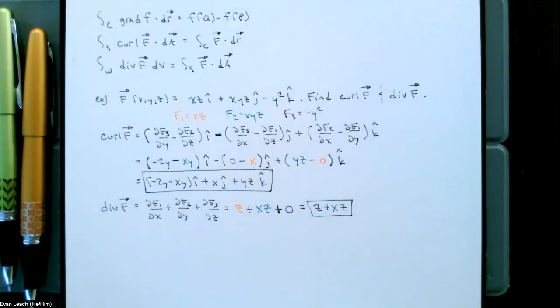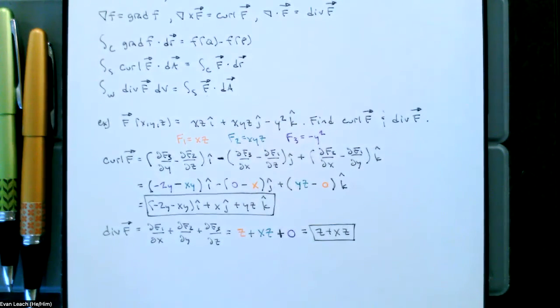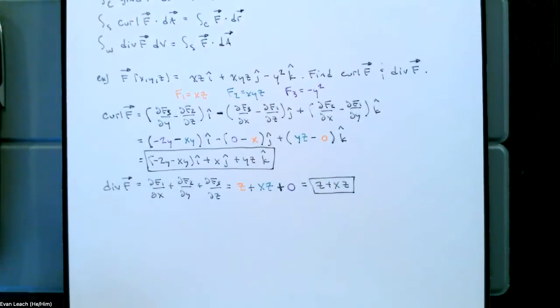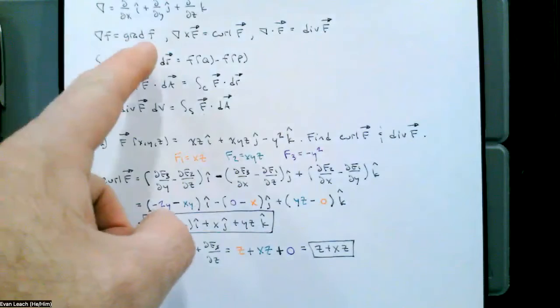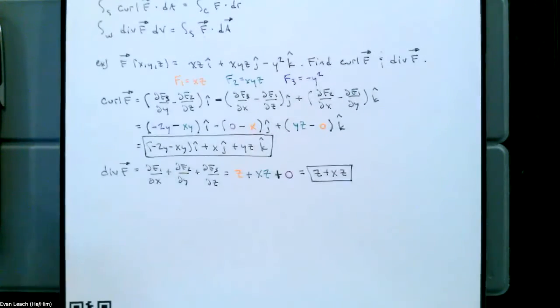So that means we're at the point where we have to start talking about what these three things represent. We know what one of them represents. We know that the gradient is the direction of maximum increase for the function. So the gradient indicates the direction of the maximum increase.